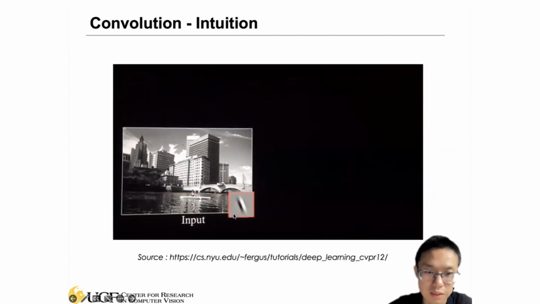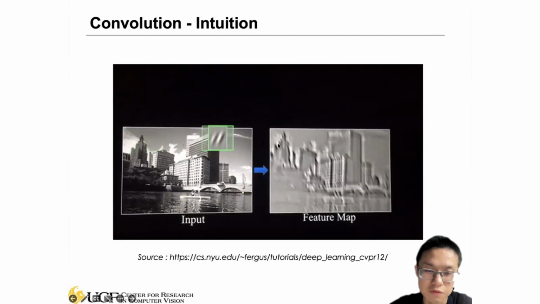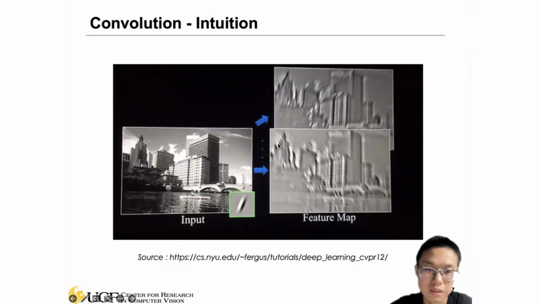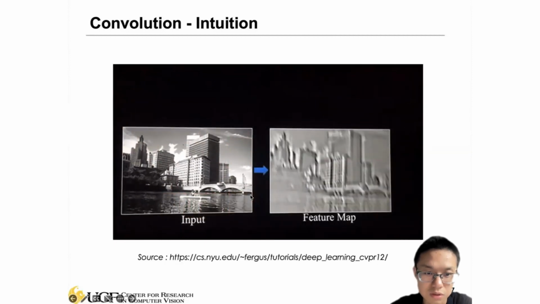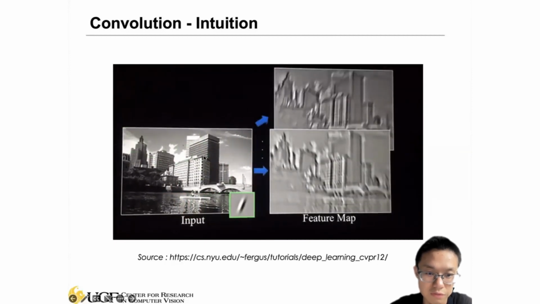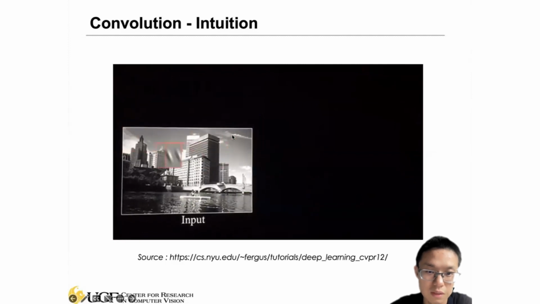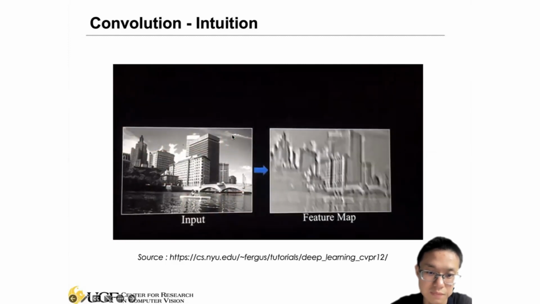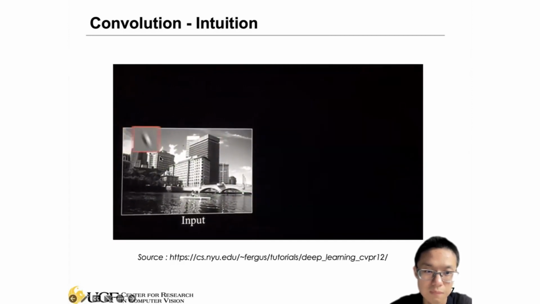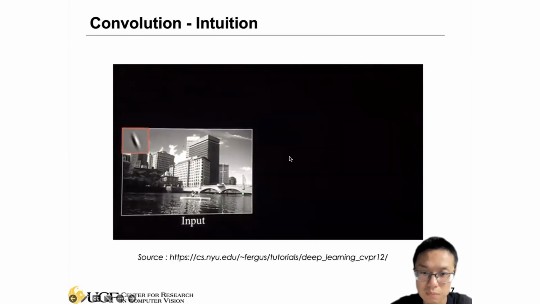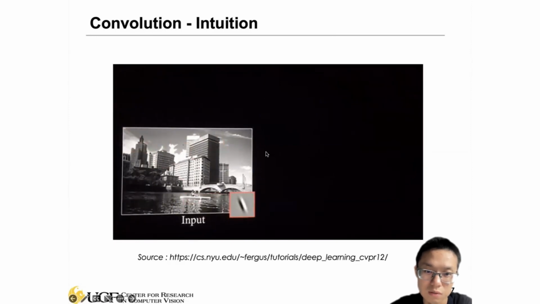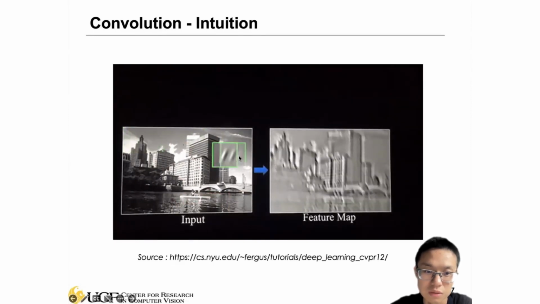And here we can look at what different filters are doing. Again, here is a very nice animation. Here you have different filters. This one acts more like a diagonal edge detector. You slide this filter or kernel across the image, and you end up with a feature map trying to highlight where there is diagonal or similar edge information in the image.